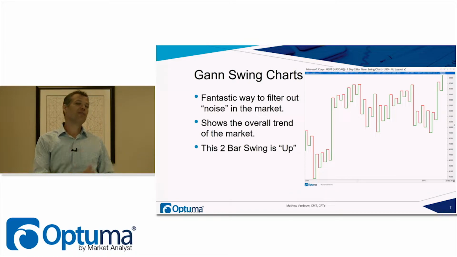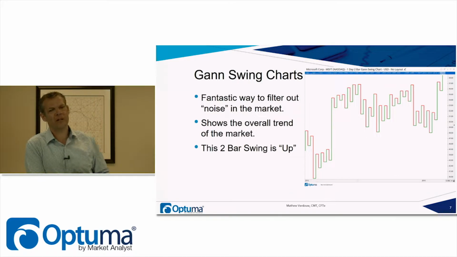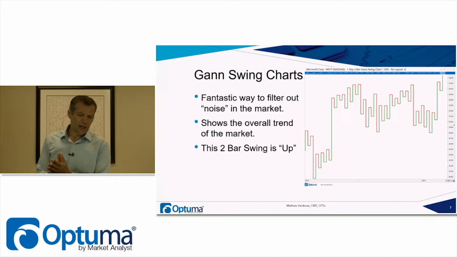So the direction of the swing chart becomes a great filter for the trend of the market. This one here is a 2-bar, and I'll explain what all of that is. But you can see right at the end there that we would say that this market, Microsoft, whenever I took this, which was last year, is up at this time.